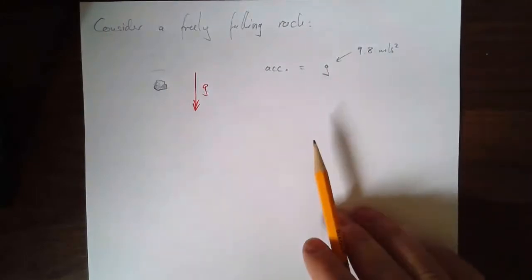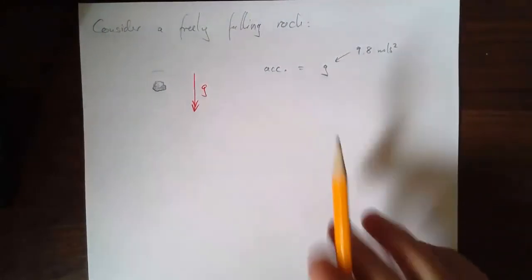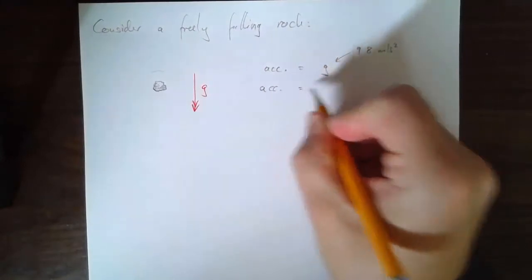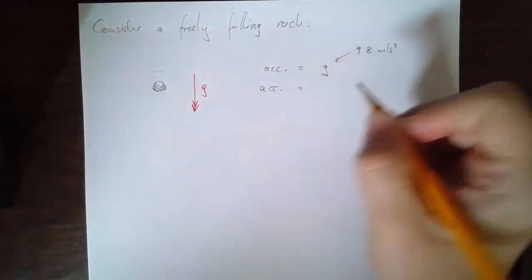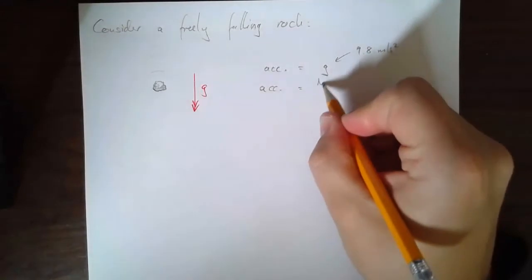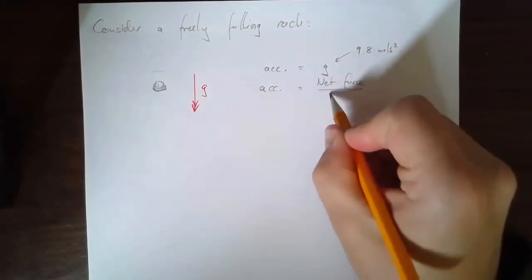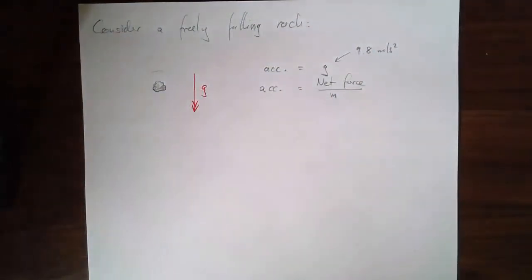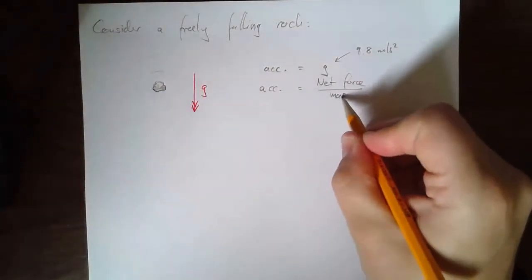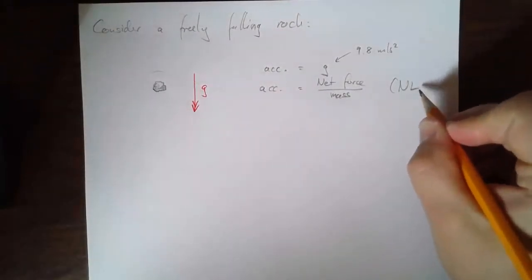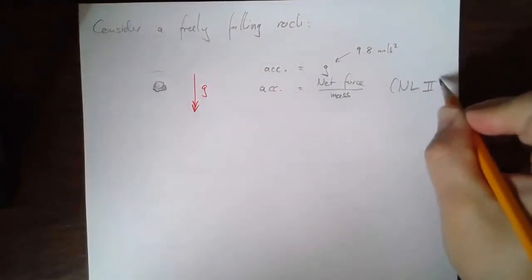That's the acceleration. But we know that the acceleration is equal to the net force divided by the mass. That is Newton's second law. Let me abbreviate this Newton's law number 2.